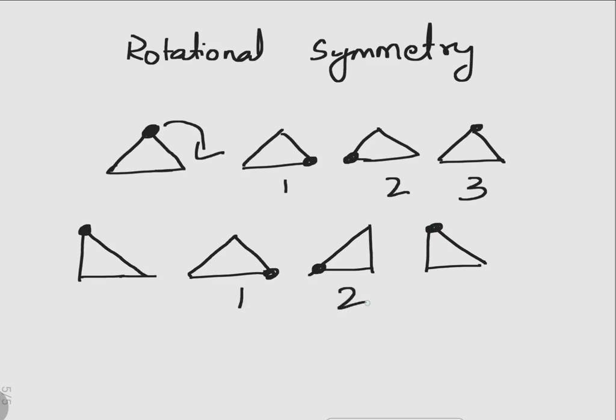So 1, 2, 3. The third time it becomes similar to the original one. Hence the order of symmetry is 1 over here, because across all the 360 degrees that we rotate, only this is looking like the original one.